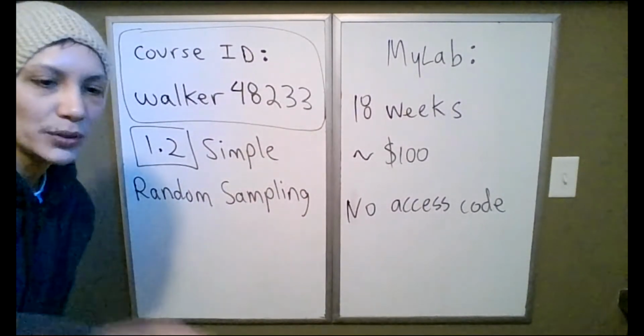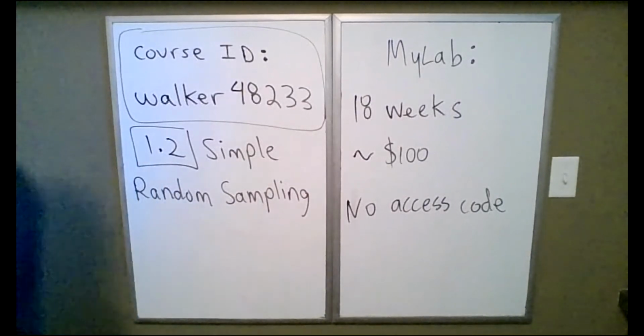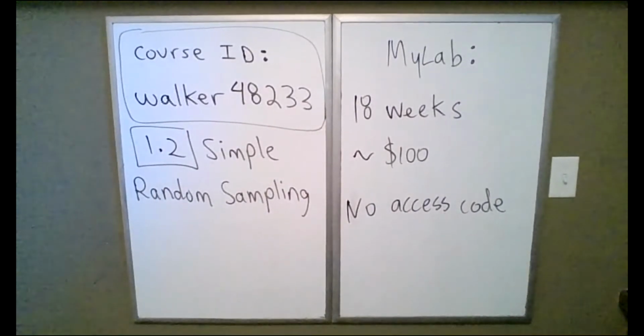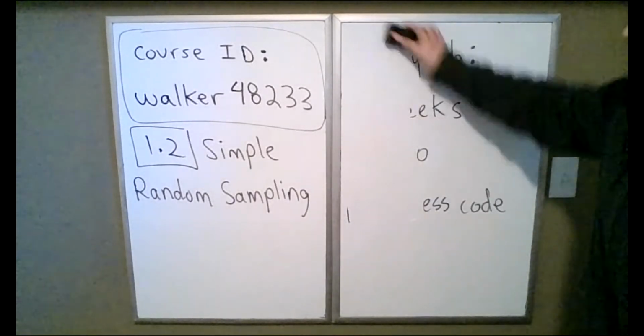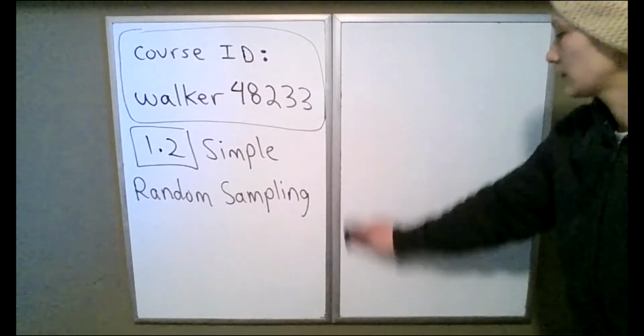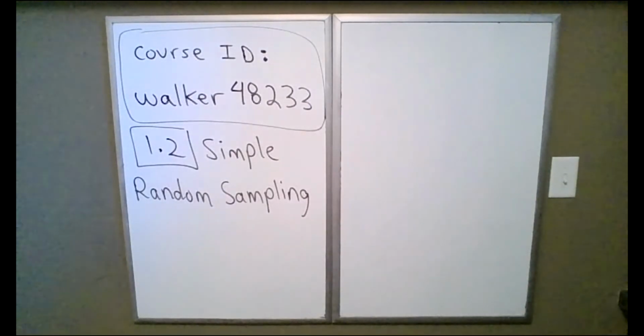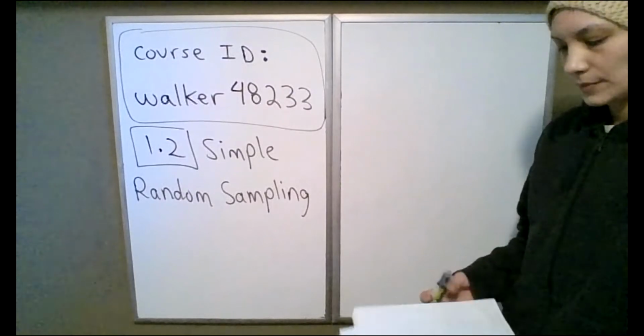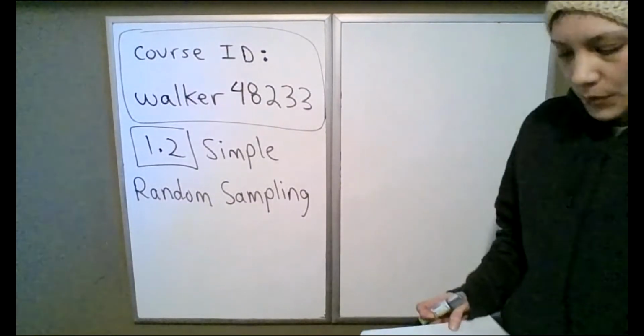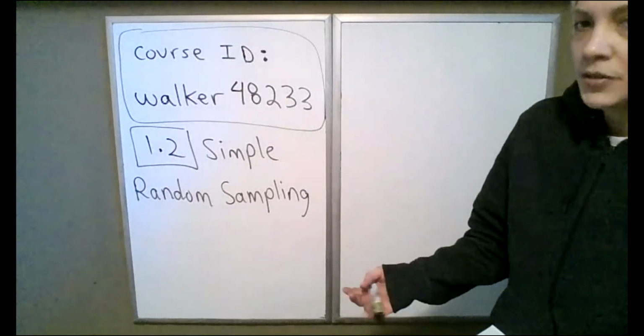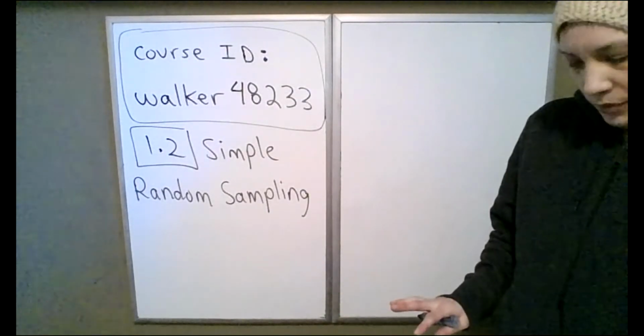The section is called Simple Random Sampling. In statistics, we want to gather information from some group so that we can learn more about that group.